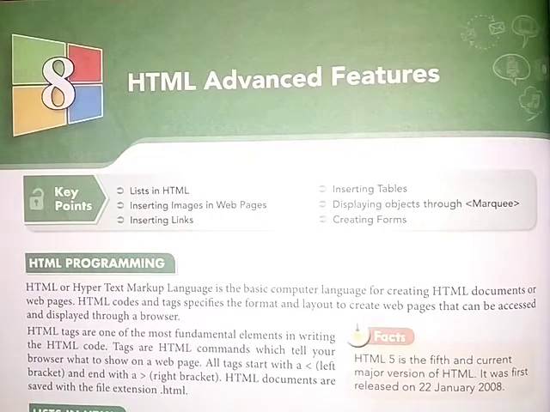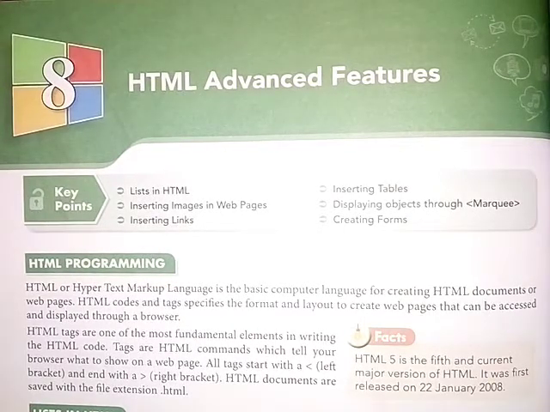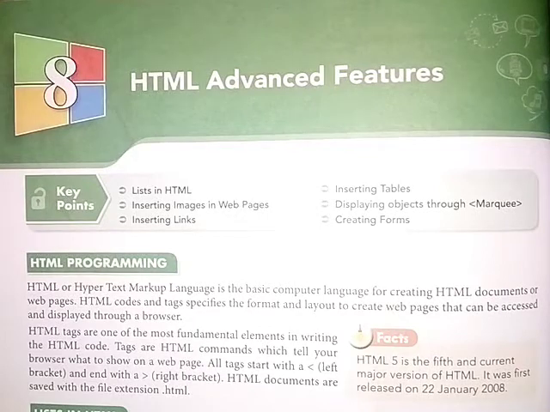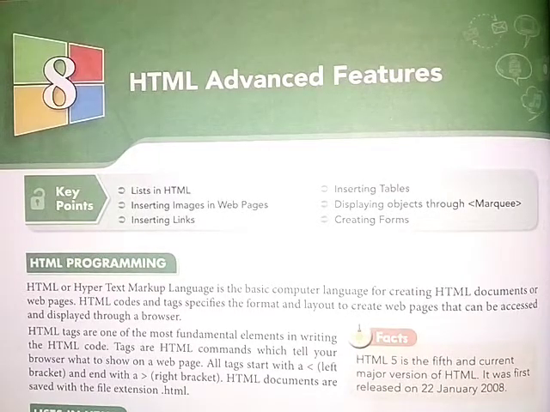HTML Programming. HTML, or Hypertext Markup Language, is the basic computer language for creating HTML documents or web pages. HTML codes and tags specify the format and layout to create web pages that can be accessed and displayed through a browser.